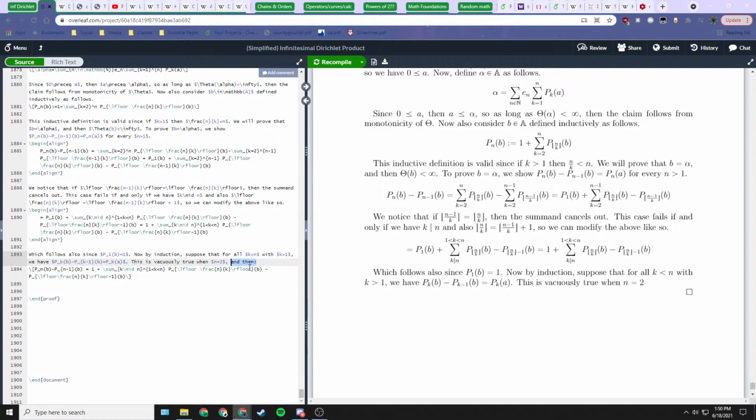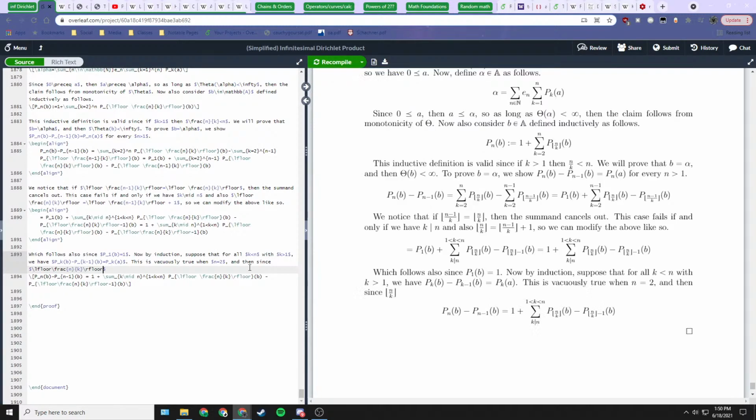N equals 2, and then since what we want to say is since the floor of n over k, oh, that's interesting, actually. Okay, so since the floor of n minus k is strictly less than n, or rather 1 is less than that, is less than n.